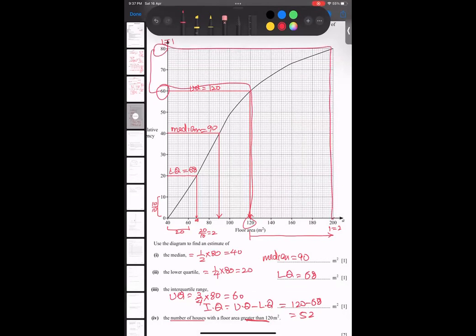Subtract these two numbers. So the answer is 80 minus 60, so the answer becomes 20 houses. This is also clear. Let's go for the next question.